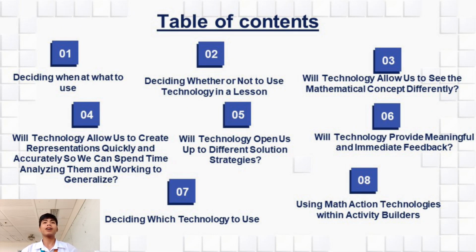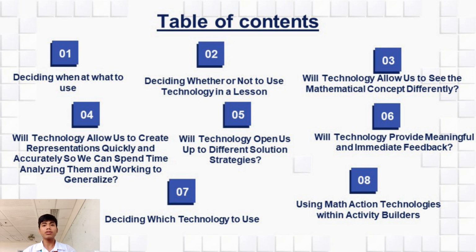Table of contents are the topics that will be discussed for today's meeting. First, we have deciding when and what to use. Second, deciding whether or not to use technology in a lesson. Third is, will technology allow us to see the mathematical concept differently? Fourth is, will technology allow us to create representations quickly and accurately so we can spend time analyzing them and working to generalize?